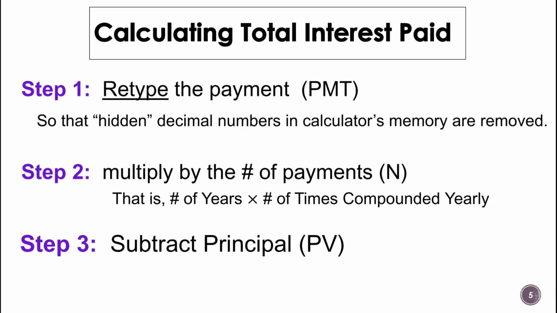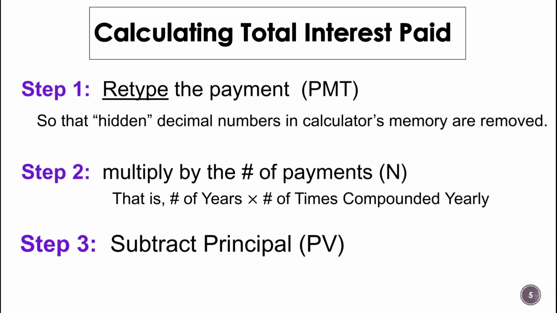Instead of leaving the payment on your calculator, you've computed the payment, it's right there on your screen. We are not going to use the payment on the screen, because the hidden decimals are there. If we retype it, then we have taken care of those hidden decimals. So retype the payment.